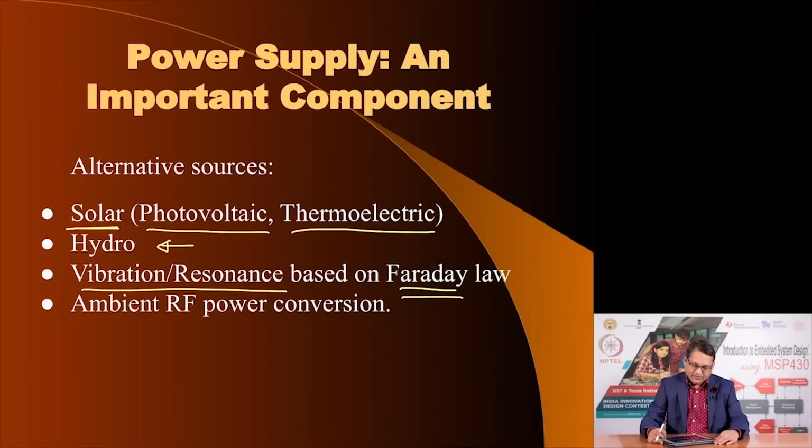In case you do not have these options, another popular mechanism to power your embedded system is the availability of an ambient RF, radio frequency, source. Whether that radio frequency source is available in free space, such as radio transmissions from broadcast transmitters, or these days through the cell phone towers, you could use them.